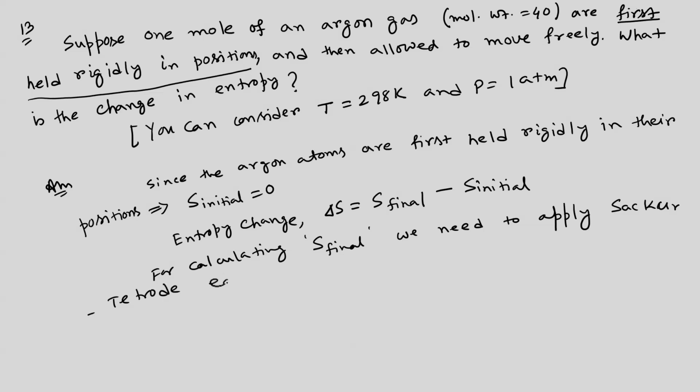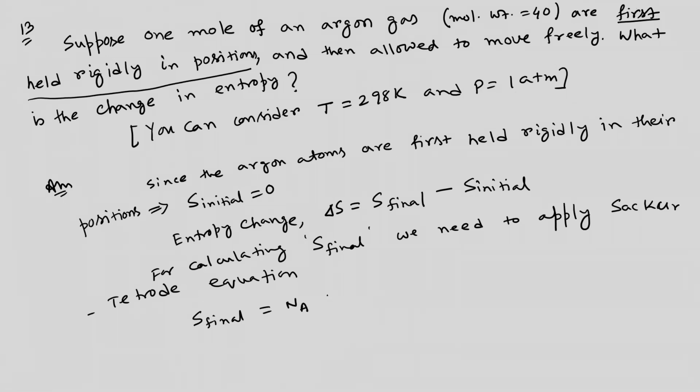So, what is the Sackur-Tetrode equation that we already derived? The Sackur-Tetrode equation is S, or S final in this case, and we have 1 mole of argon gas.